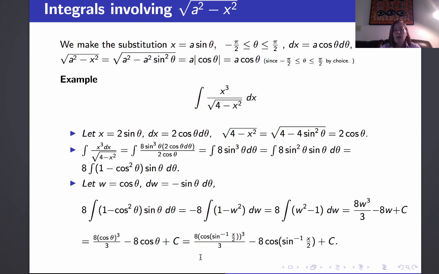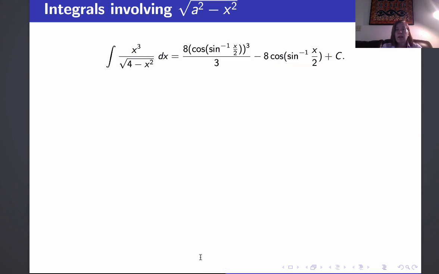Now these are rather complicated looking functions, but you might remember from a couple of lectures back that we were able to convert these functions to nicer functions in x using right-angled triangles. So let's try to find some nice expression in x for cosine sine inverse x over 2.